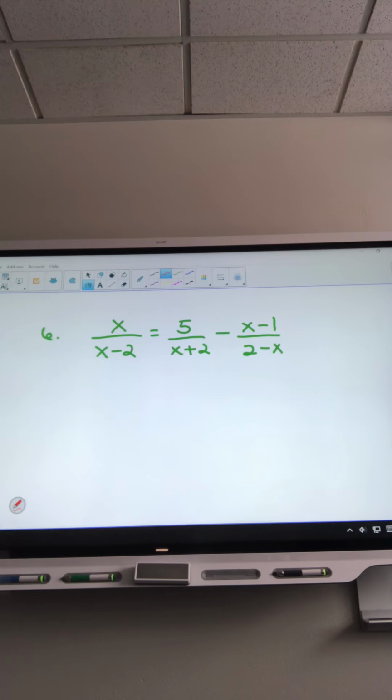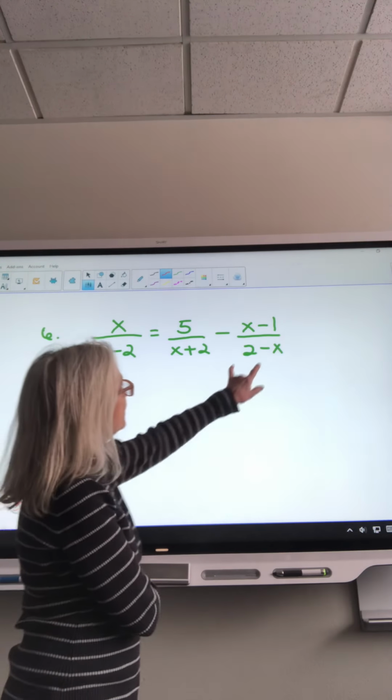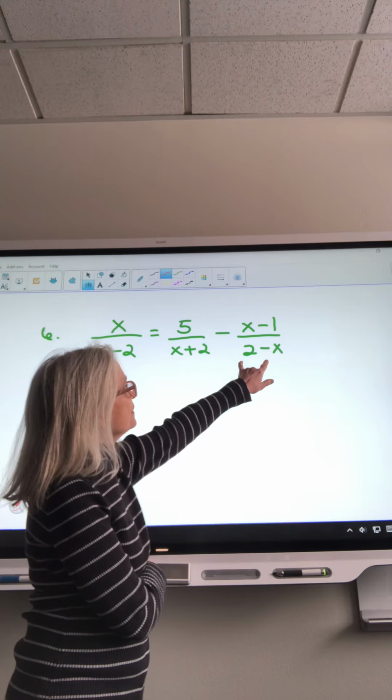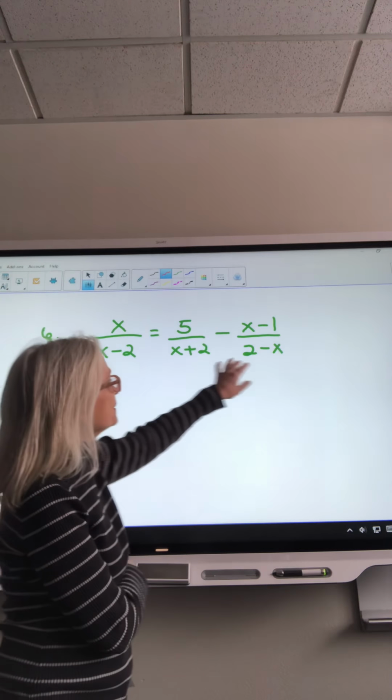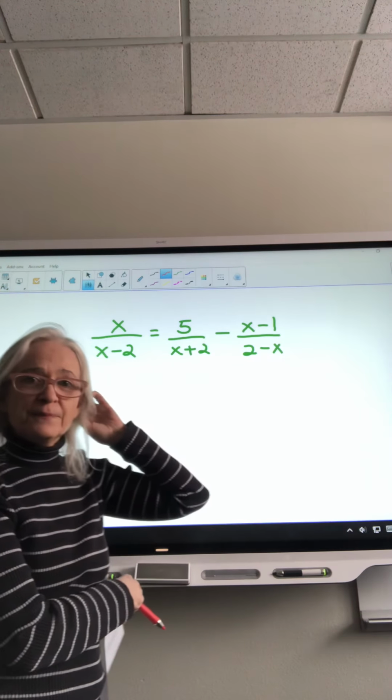Number 6. Looking at number 6, I'm really aware of how this denominator is not this one and it's not this one, but it's close to both of them.